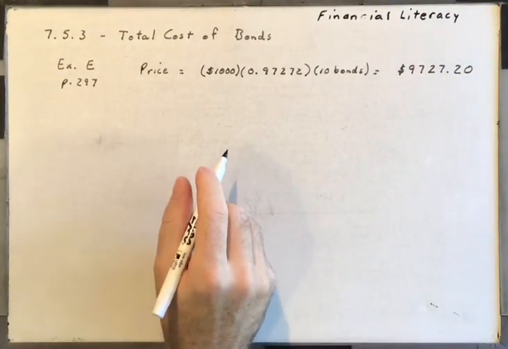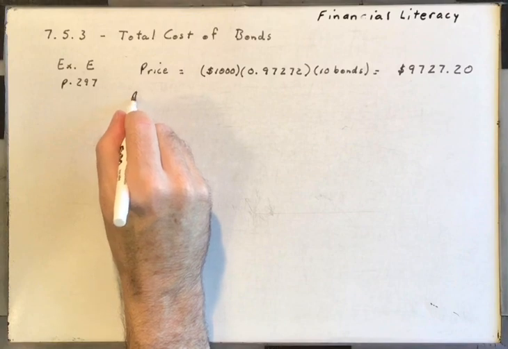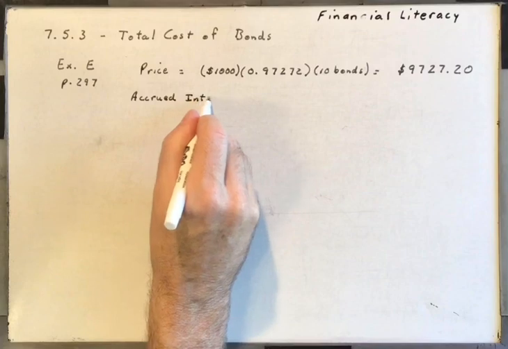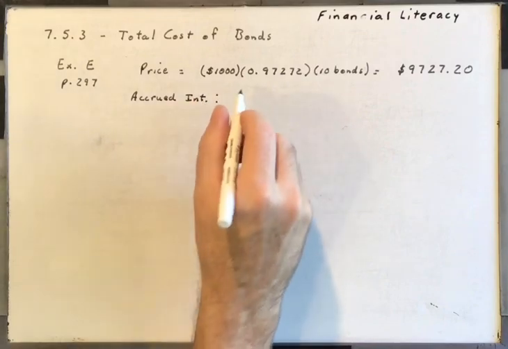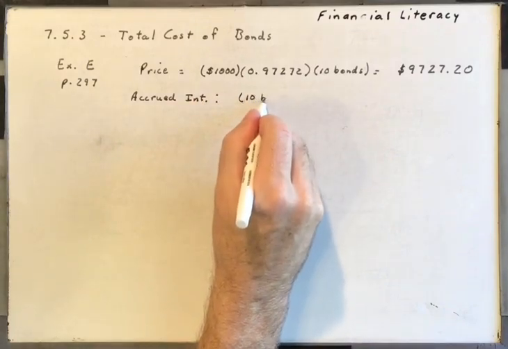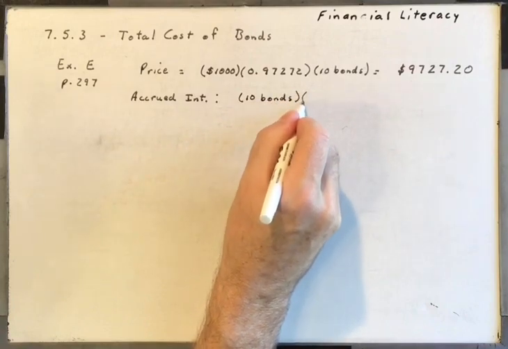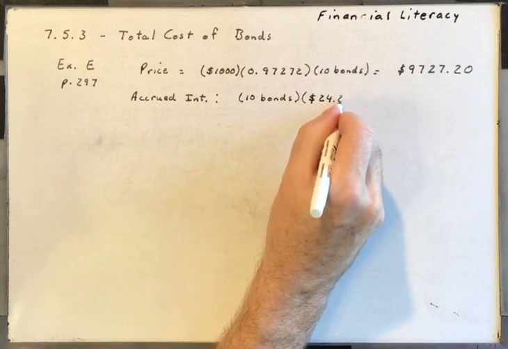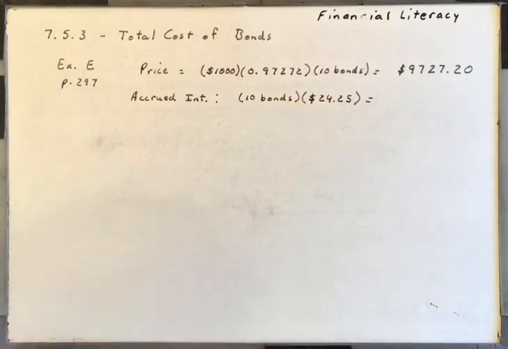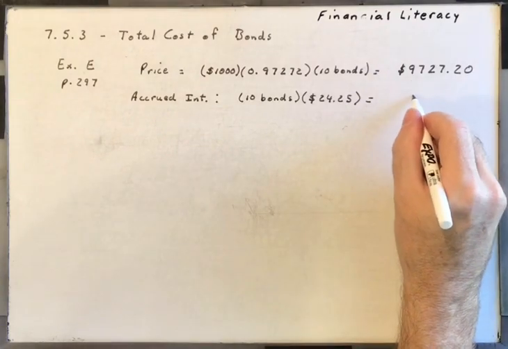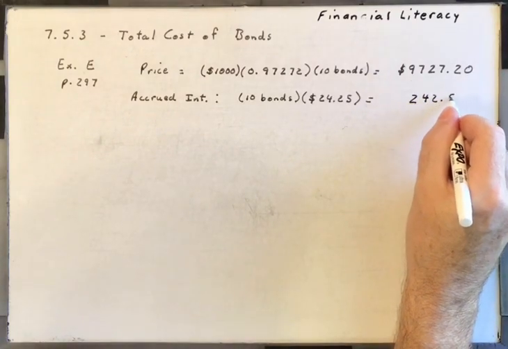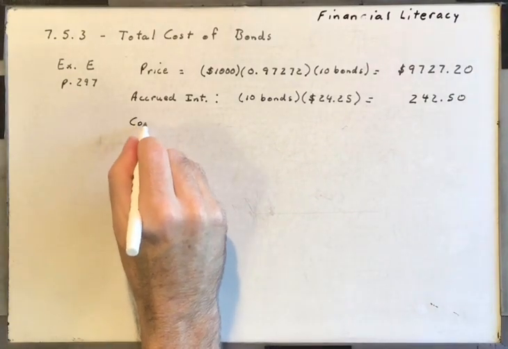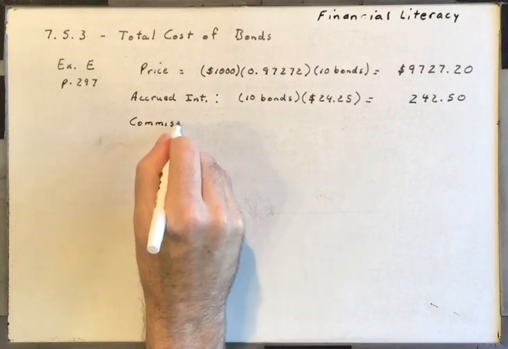But we got to pay some more. First of all, the previous owner of the bond is going to want their interest that the bond has earned so far. So we've got 10 bonds, and each bond earned $24.25. You got to pay that to the previous owner, so that's $242.50. And then the commission, you have to buy a bond through a broker.